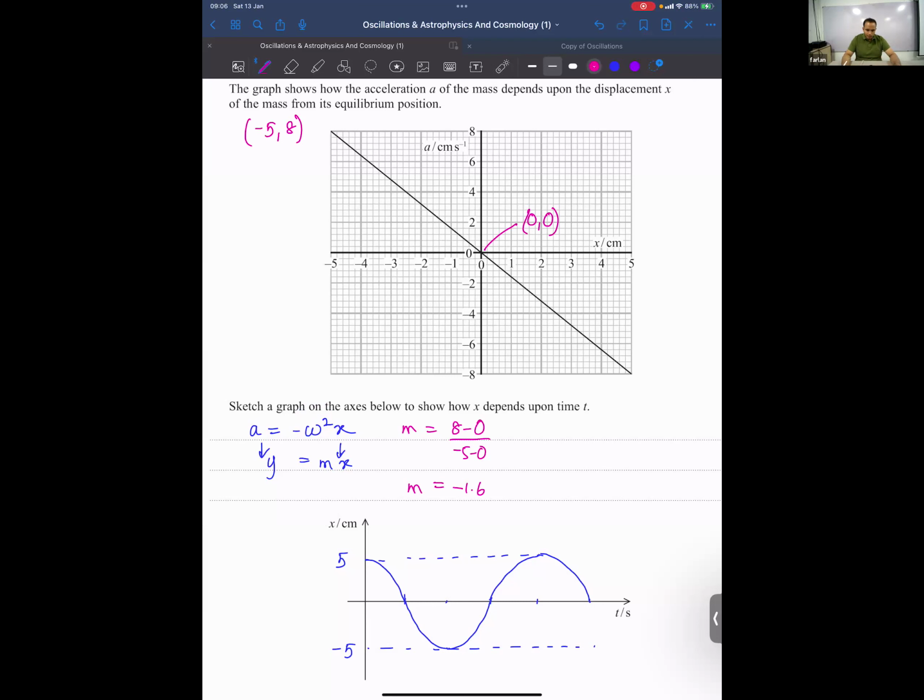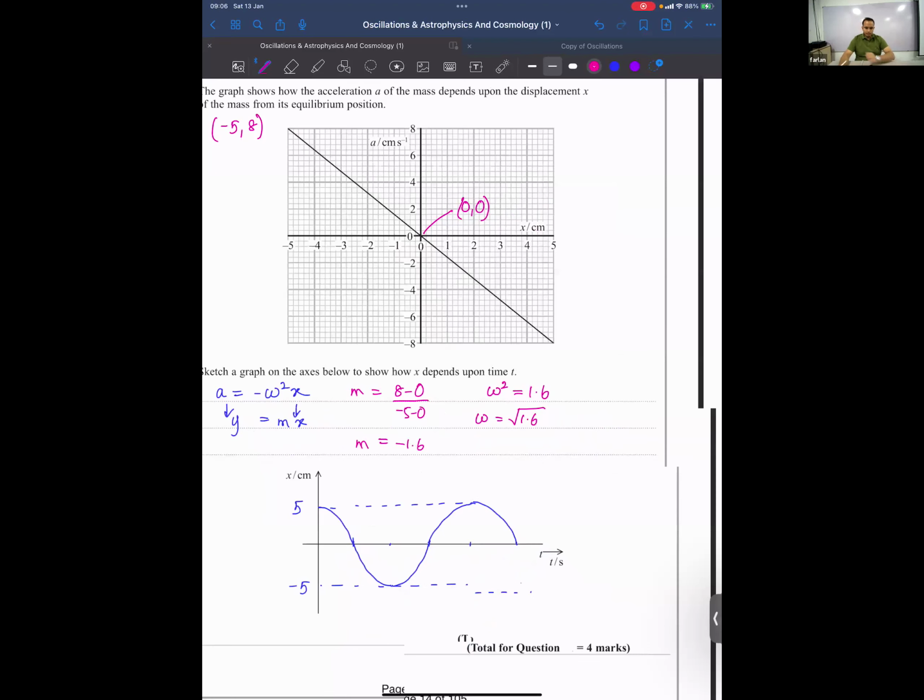That is the minus omega square, which means omega square is equal to 1.6. So omega is equal to the square root of 1.6.